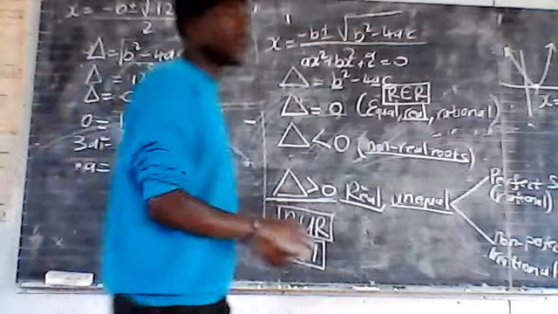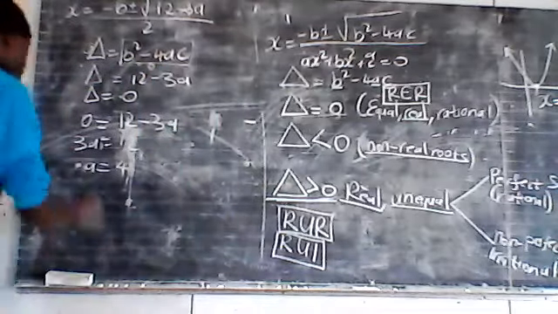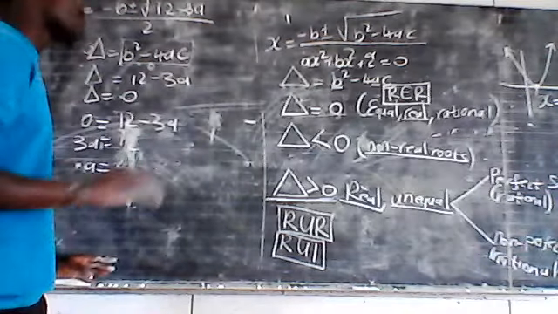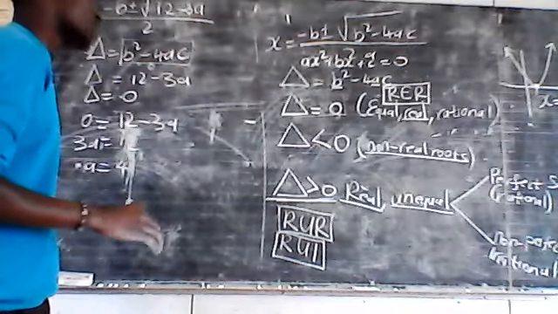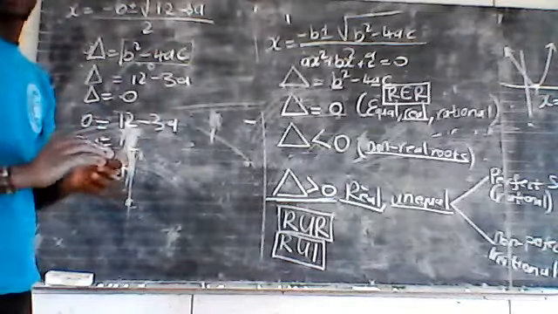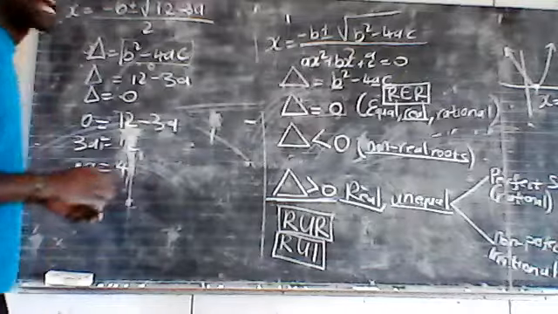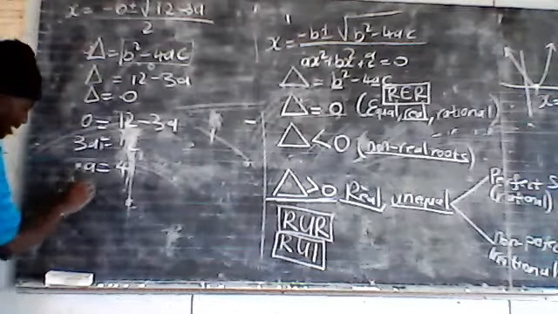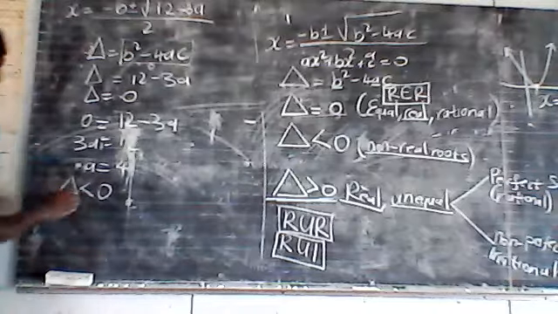Now let's change the question. Let's say determine the values of a for which the equation above has non-real roots. When I'm having non-real roots, I know that my delta has to be less than 0. So what is your delta?